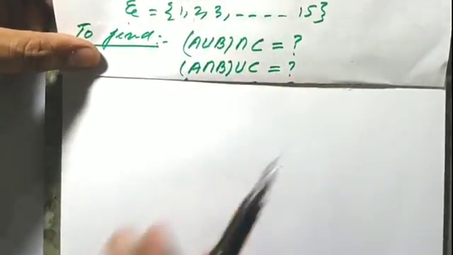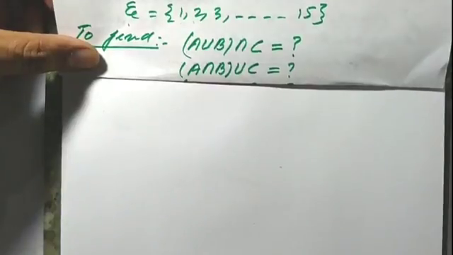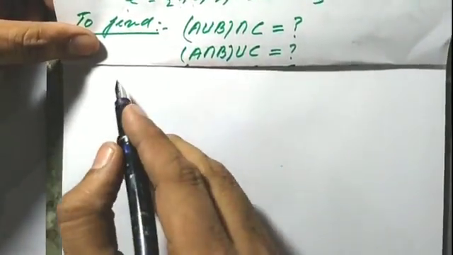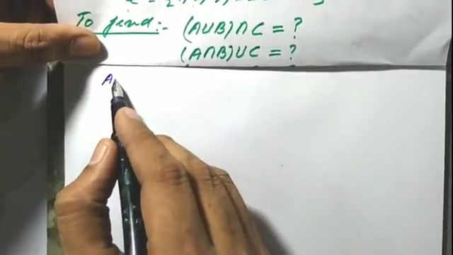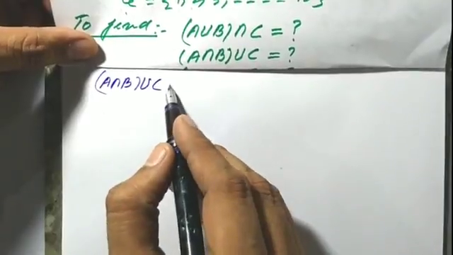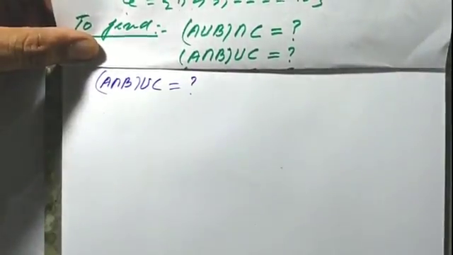Now the next operation we have to carry out is A intersection B union C. So write it down: A intersection B union C. This is required.